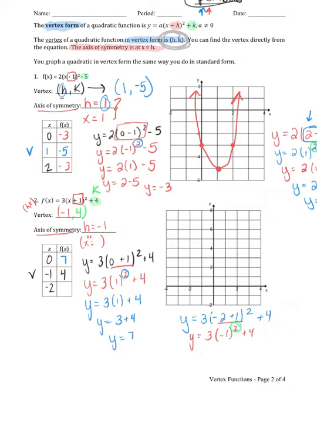Then we do our squared term. So now we have Y equals 3, and negative 1 times negative 1 is just 1. And then we just do our simple math. So 3 times 1 is 3 plus 4, so Y equals 7. So that becomes our other point. And then what you're just going to do is graph. So we had 0, 7. We had negative 1, 4. And we have negative 2, 7. And a nice U-shaped graph.